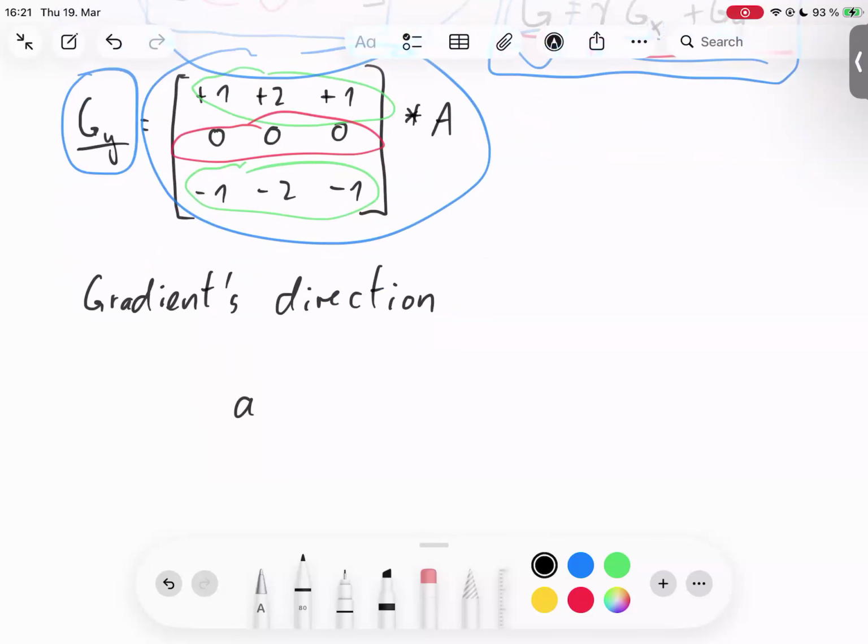I could use the arctan function, which you probably remember from your high school geometry. So I want to calculate the angle also in a specific pixel. So also this here for a specific pixel. And I could use the arctan function. And for example, it's probably Gy divided by Gx, and I could calculate this.